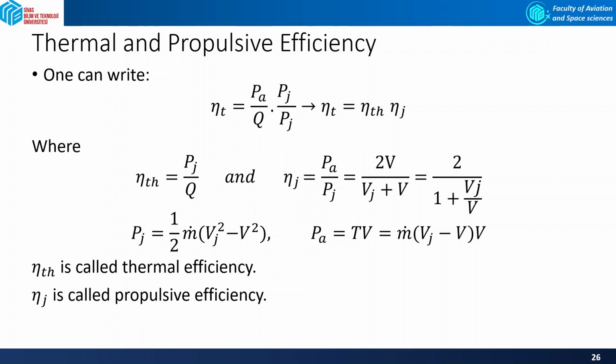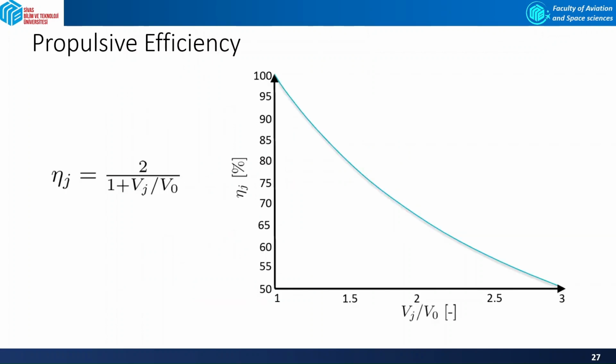So the propulsive efficiency purely depends on the ratio of the jet velocity and the flight velocity, right? This is Vj over V or V0.